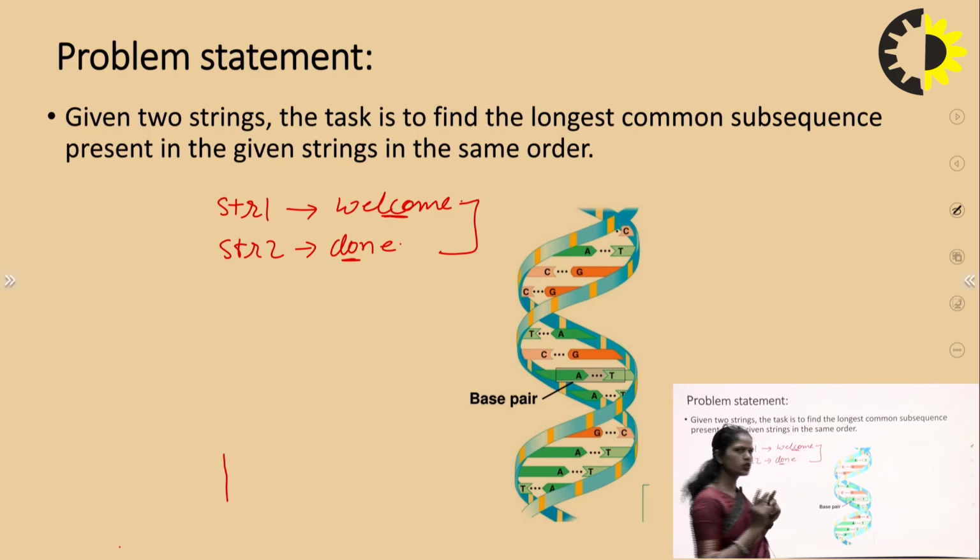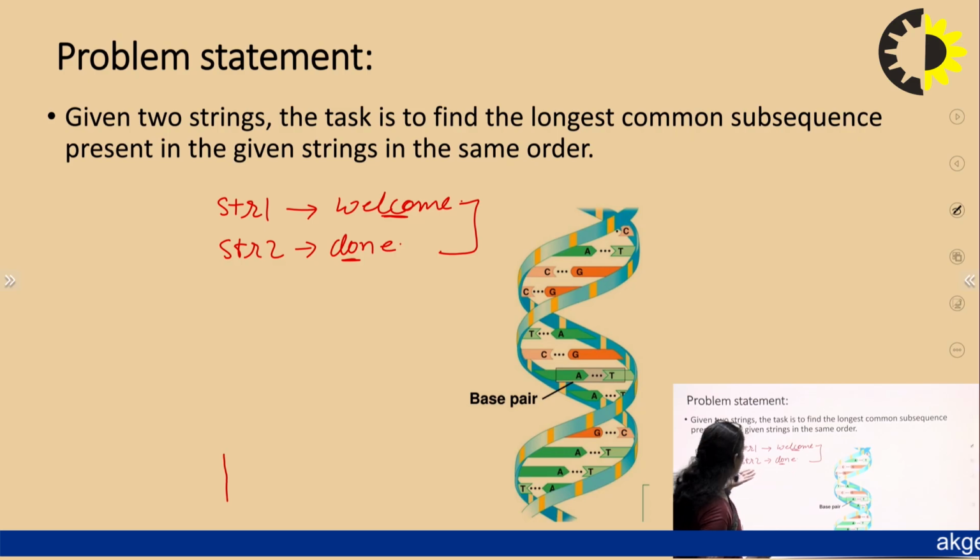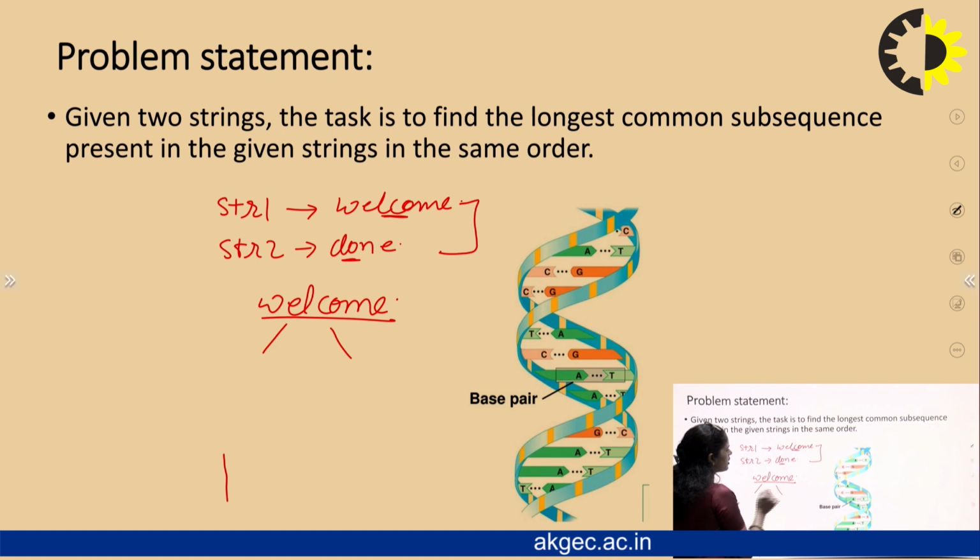Here we have two approaches. As we have studied previously in computer and programming concepts, suppose welcome is a string. Welcome has more than one substring. A substring means a sub part of the original string.